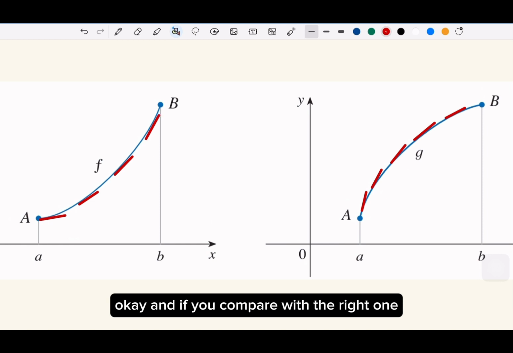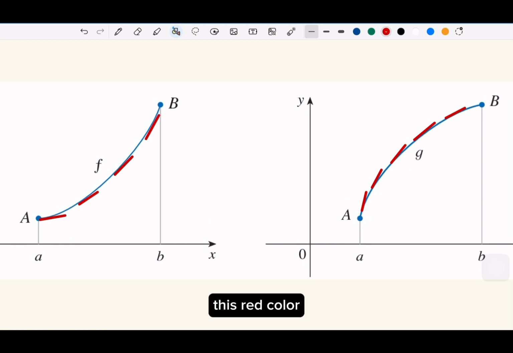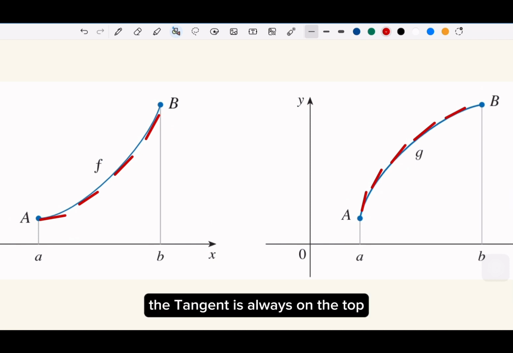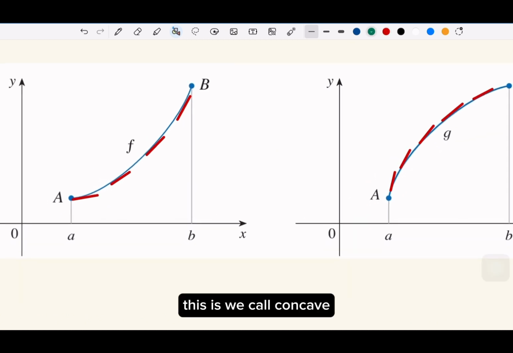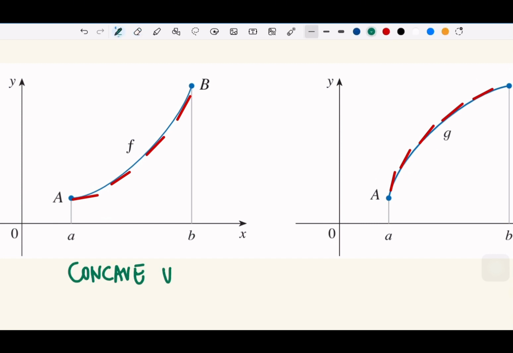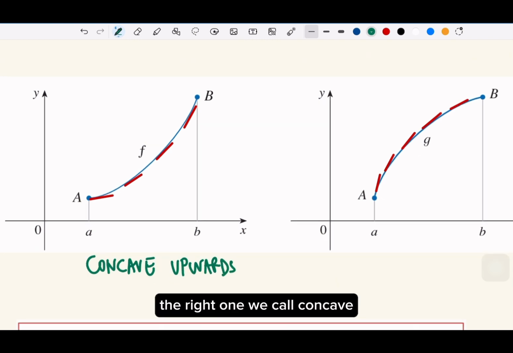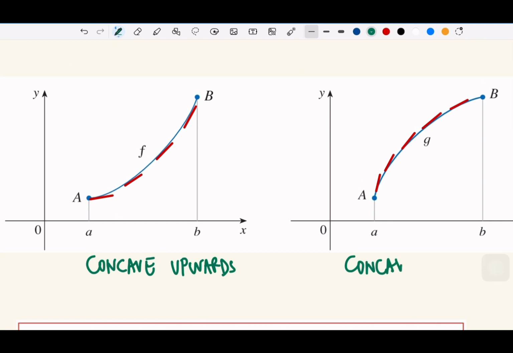And if you compare with the right one, the red tangent is always on top. This we call concave upwards. The right one we call concave downwards.